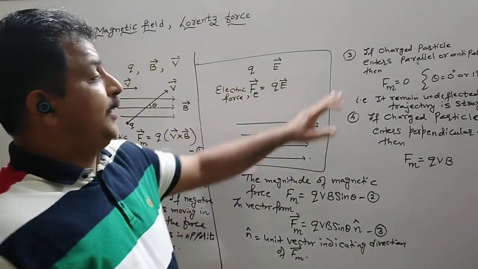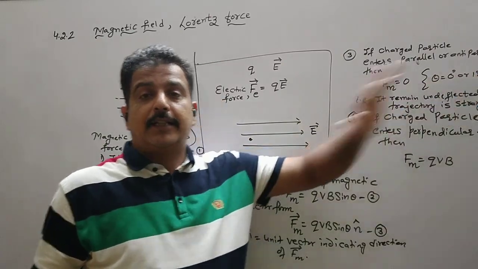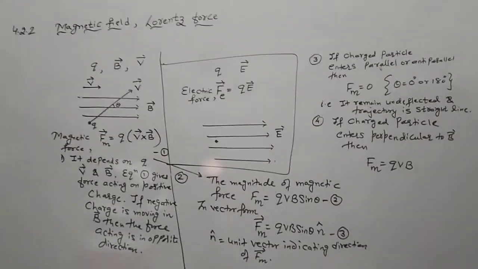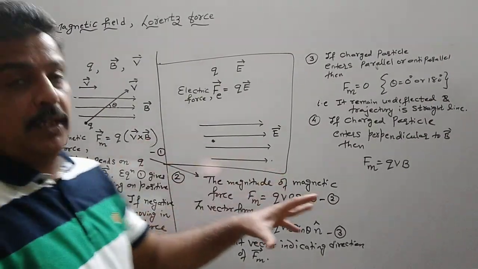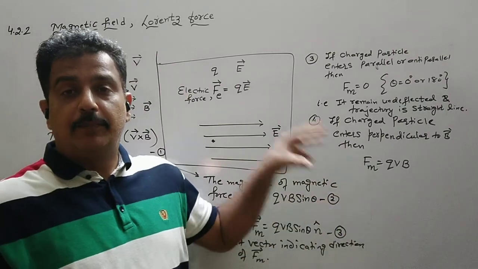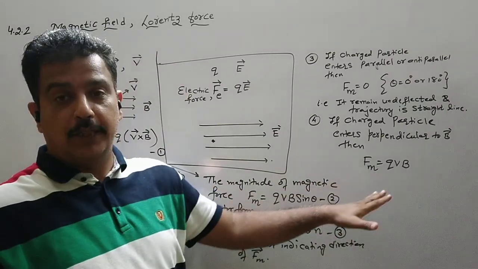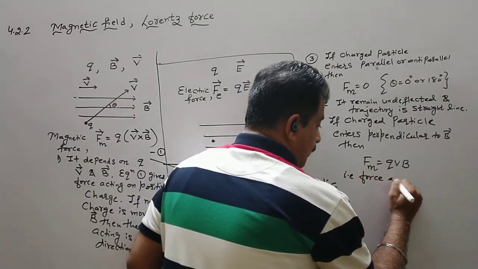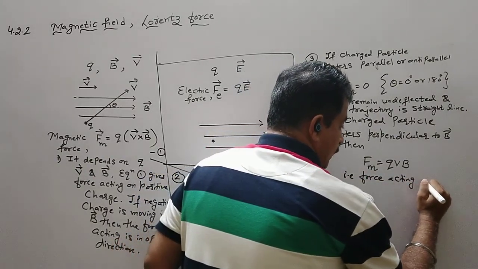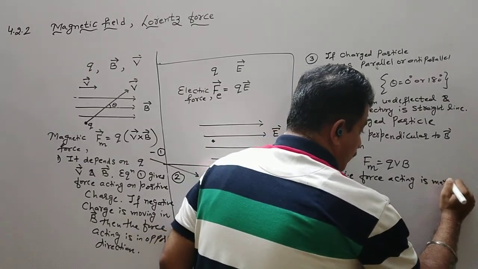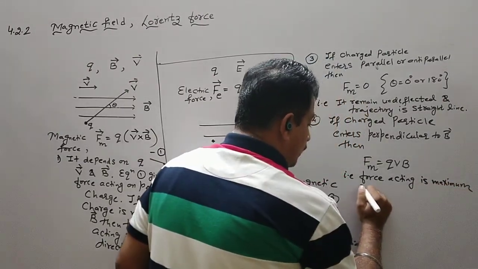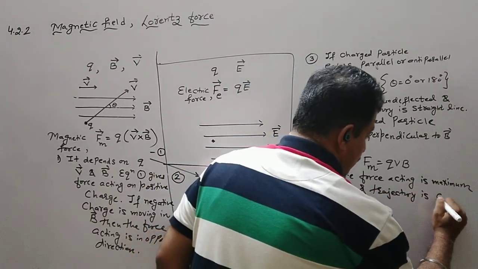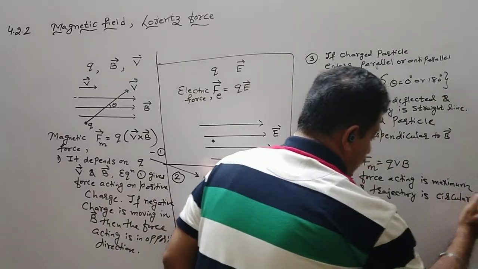So if theta is 0 or 180, the trajectory is a straight line. But if the particle enters perpendicular, the force acting on it is maximum, and the trajectory is circular.